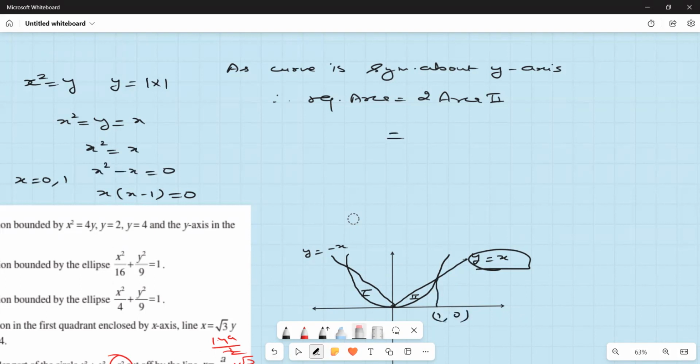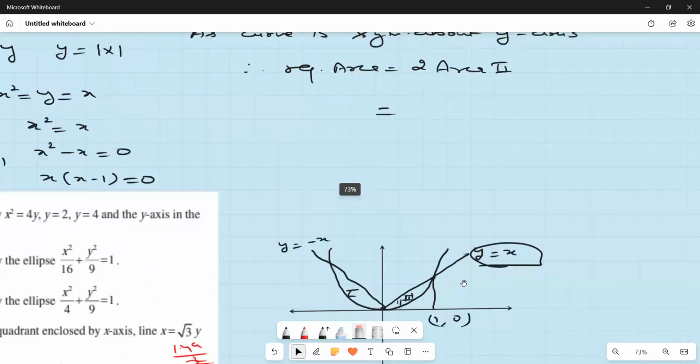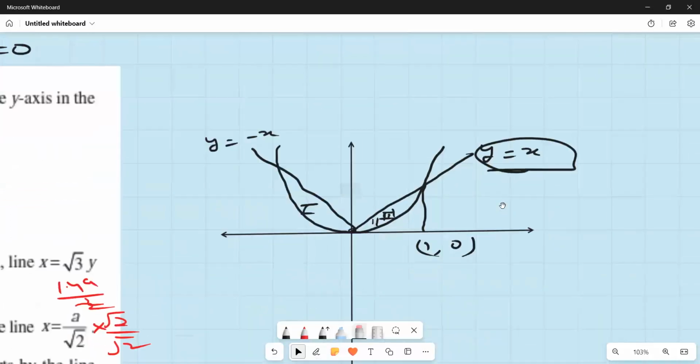Now if you see this area, if I take, isn't this area under the line y1, and then this curve y2.